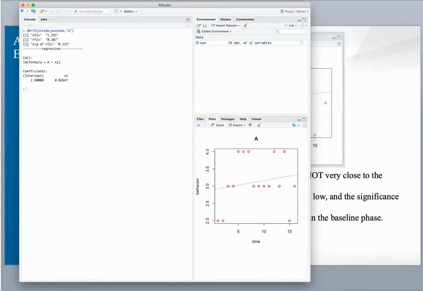So you can see here we have a few factors. We have the TF2, which relates to the significance level, but the actual quantitative measure of autocorrelation is the RF2, and here it's 0.387, which is fairly low.